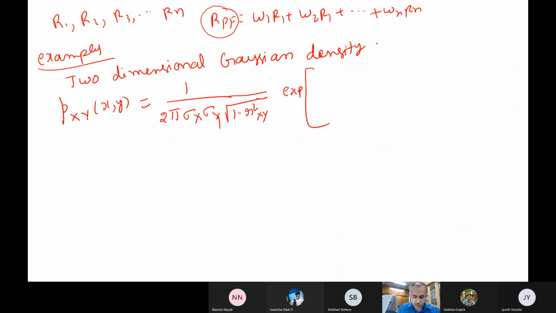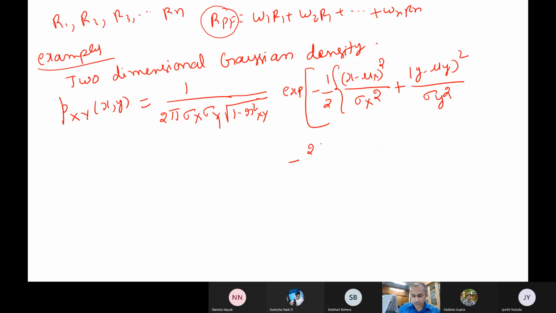And e to the power of, we have this big expression, minus half of x minus mu x whole square by sigma x square, plus y minus mu y whole square by sigma y square, minus 2 times rxy, x minus mu x, y minus mu y by sigma x sigma y.